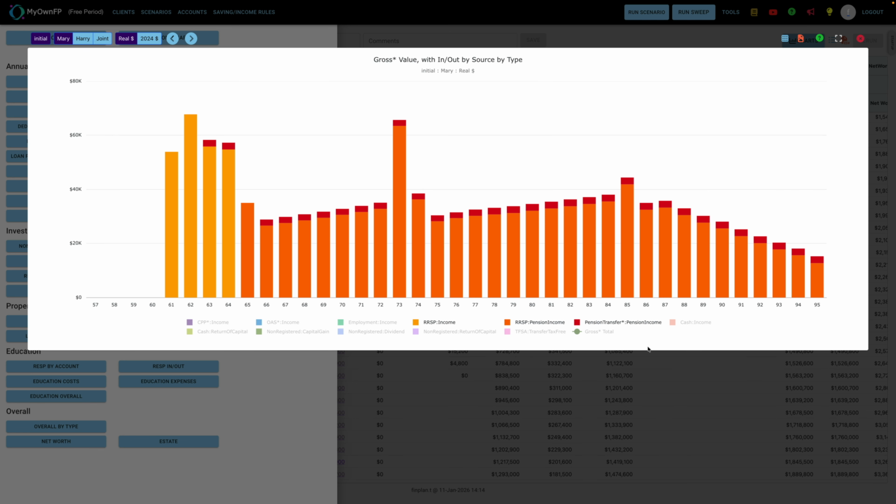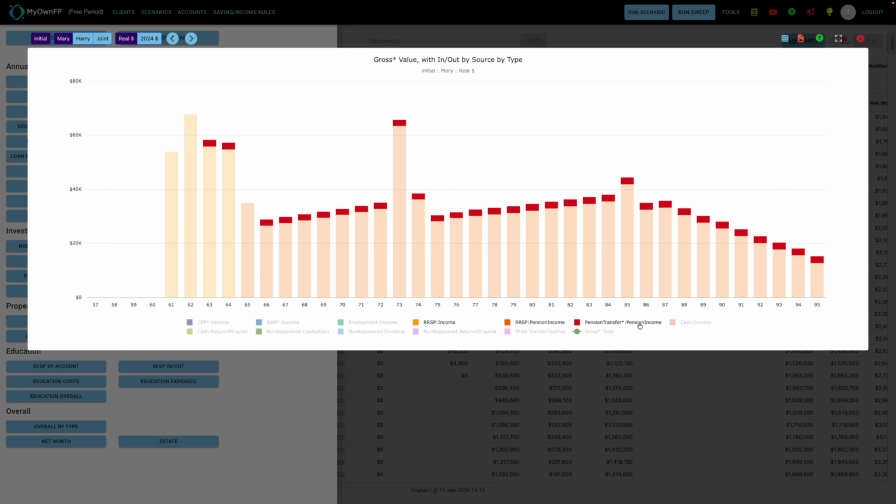We also have pension income transfer. So this came from Harry because he had a defined pension plan and he wanted to contribute back into Mary's to even out their tax bill. So you can see that's pension income, and you get that a little bit before 65 because it's his pension income for Harry.